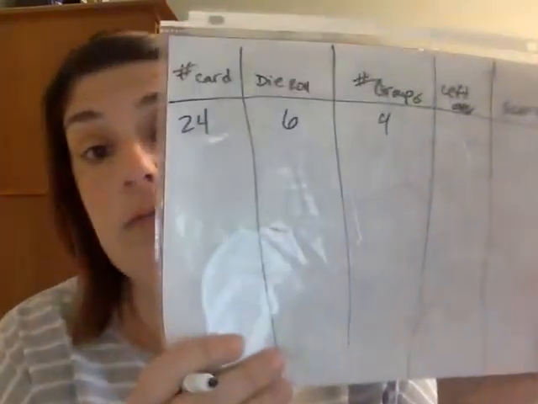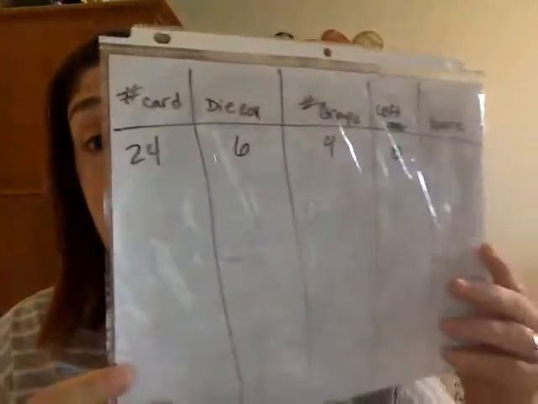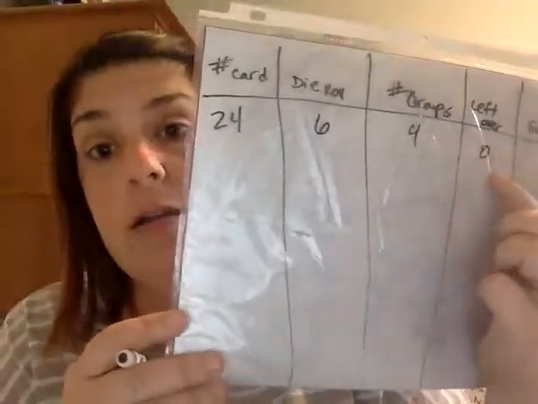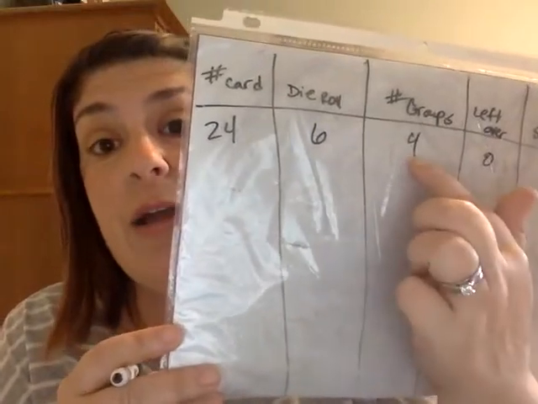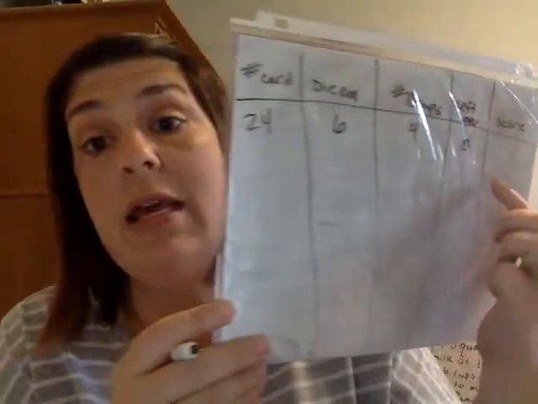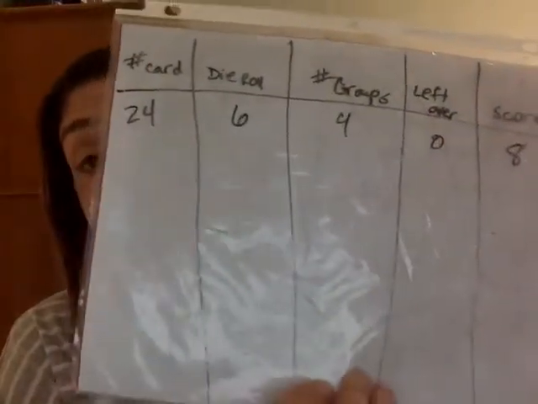So for number of groups, I'm going to put 4. Leftover is 0. And guess what? Because I don't have any leftovers, I'm going to take my groups and double it. 2 times 4 would be 8. So my score for this round is going to be 8.